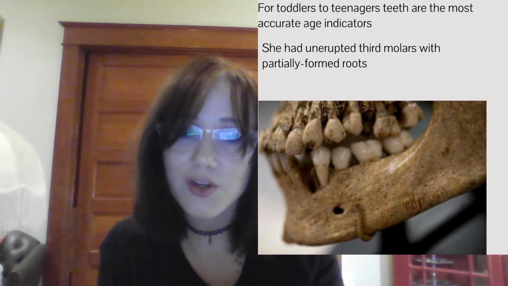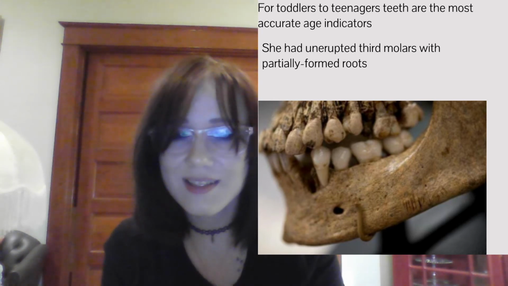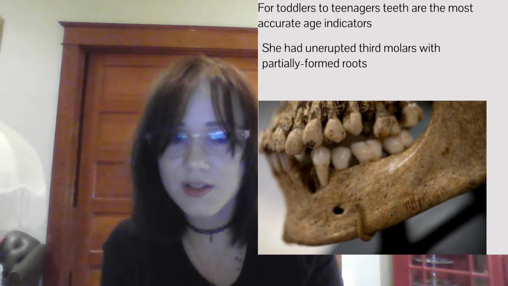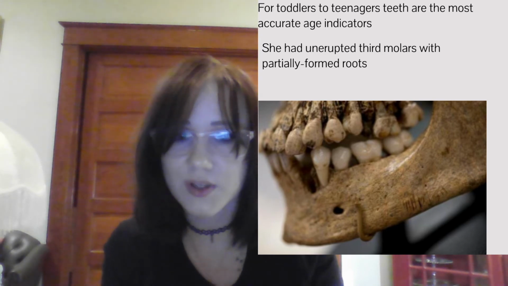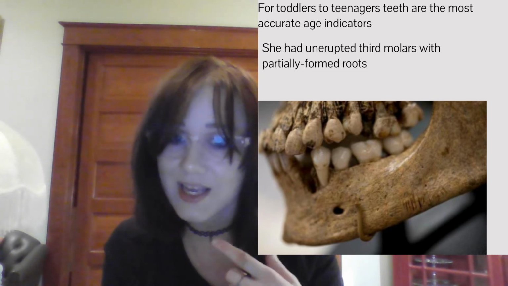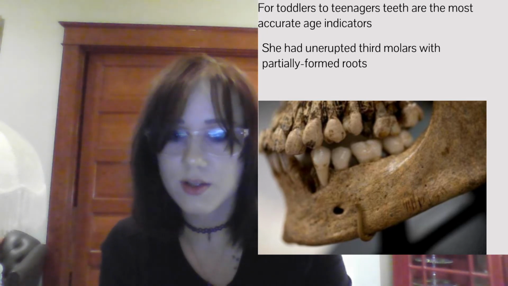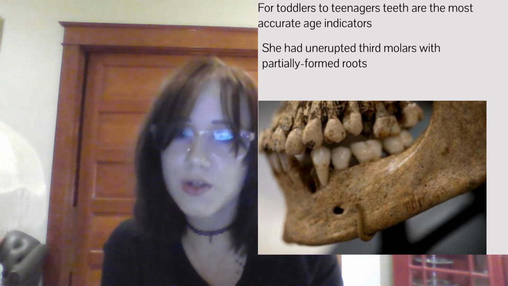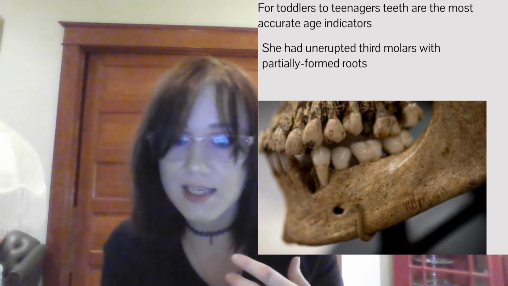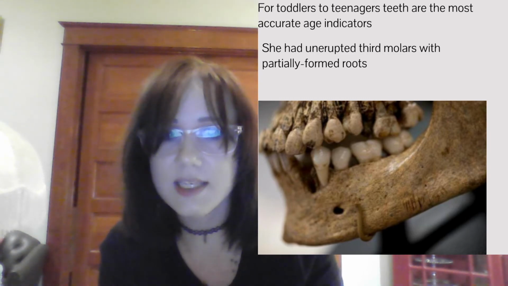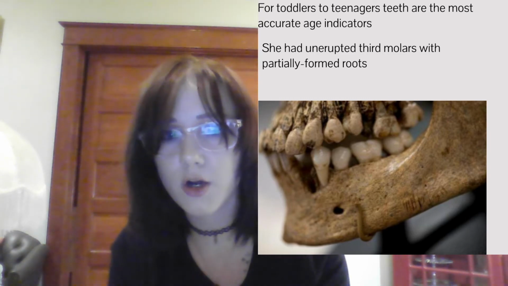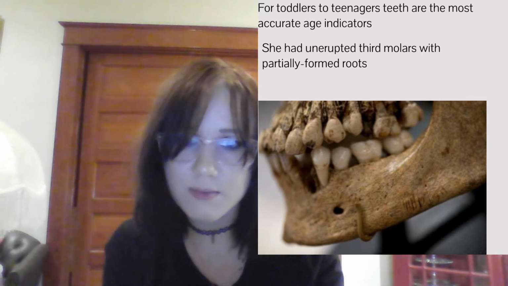As far as her age goes, toddlers to teenagers tend to have the best results for accurate age indication with their teeth, because children younger than 6 tend to still have their deciduous teeth or their baby teeth, and teenagers tend to not have their third molars yet or their wisdom teeth.